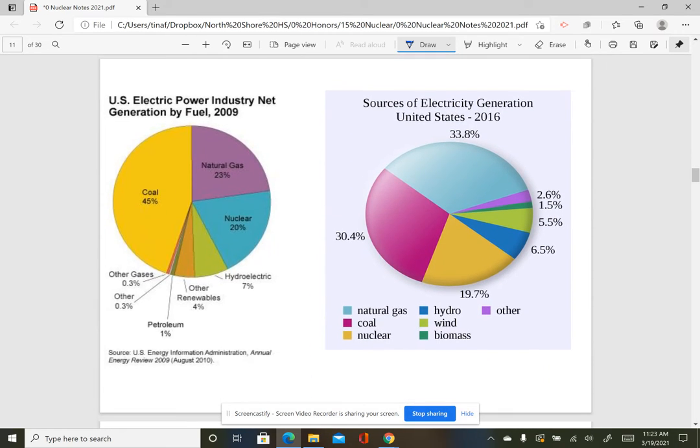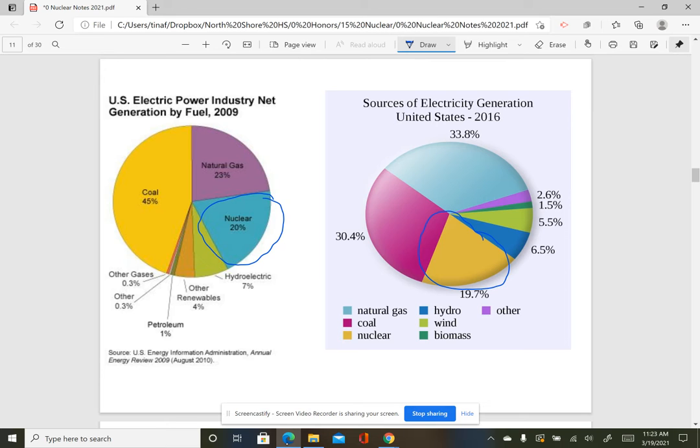These are just some graphs that you guys can obviously pause and look at, but it's just showing graphs of where in the United States, what kind of fuels we're using to get energy. So here's nuclear. That was in 2009 versus in 2016. So our nuclear usage has stayed about the same.